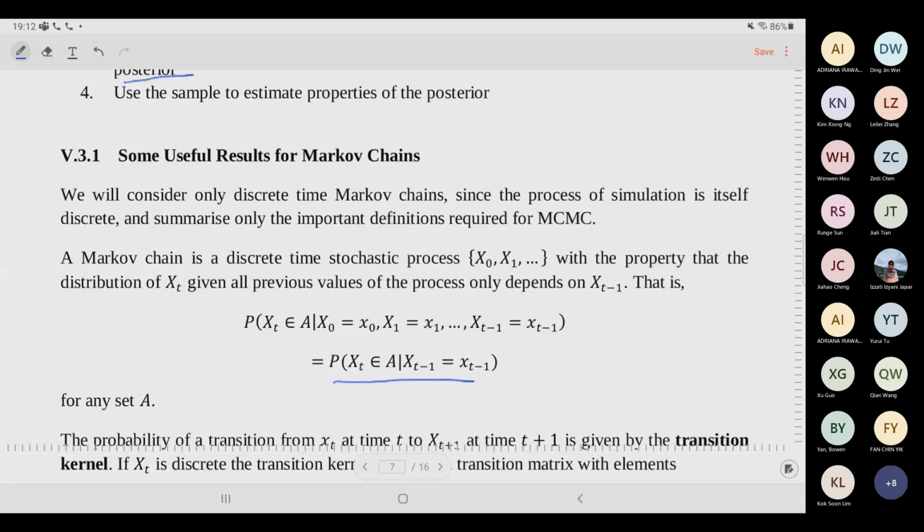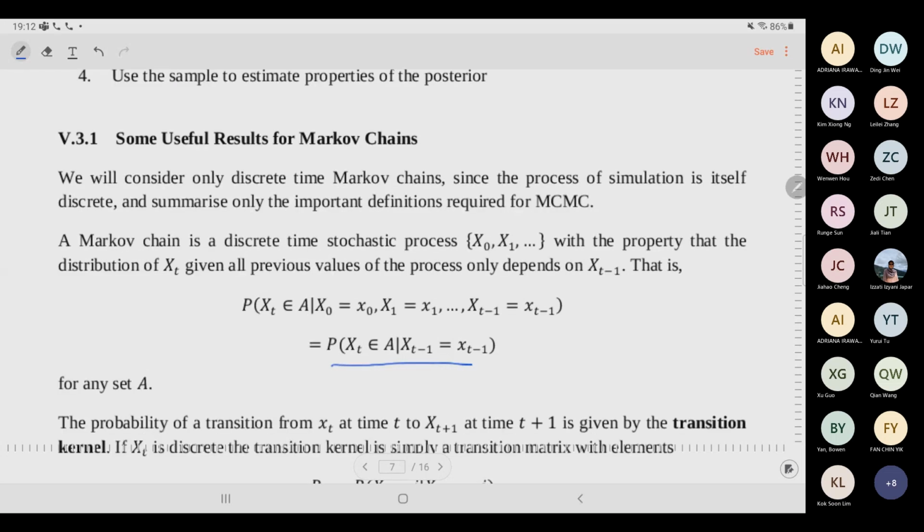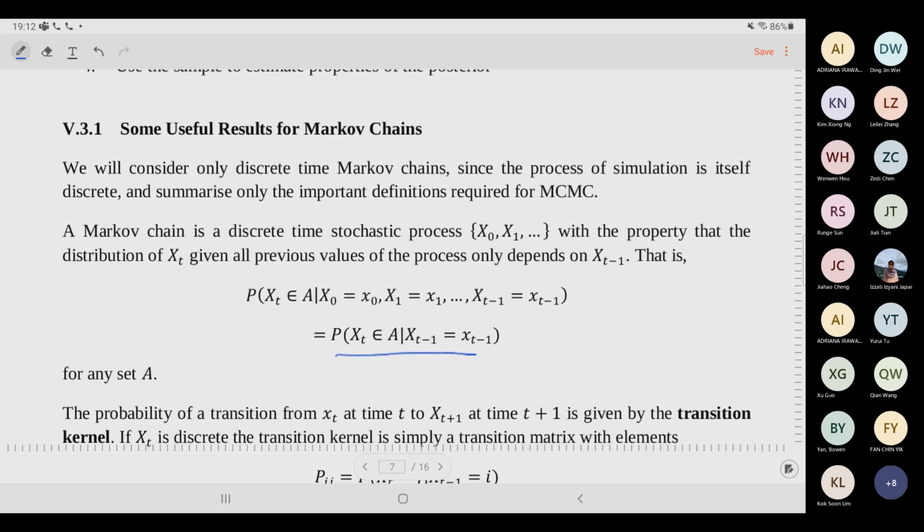However, your xt is only correlated with xt minus 1. So your xt and xt minus 2, xt minus 3, xt minus 4, and before that, they are independent, given that you know xt minus 1.